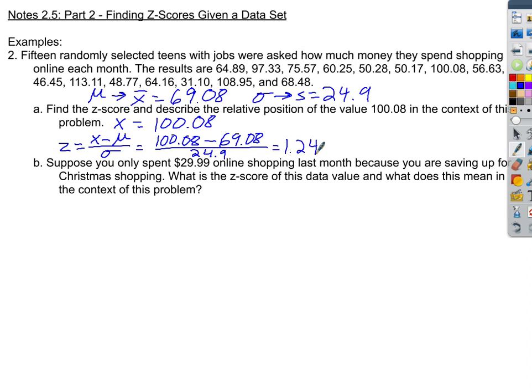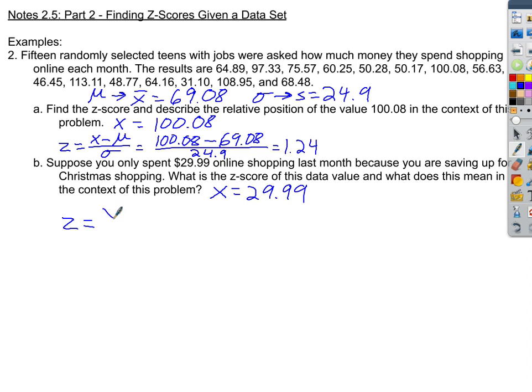So now in part B, suppose you only spent $29.99 online shopping last month because you are saving up for Christmas shopping. So what is the z-score of this data value, and what does it mean in the context of the problem? So now our data value is 29.99.